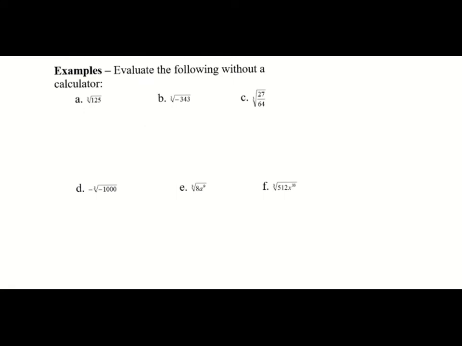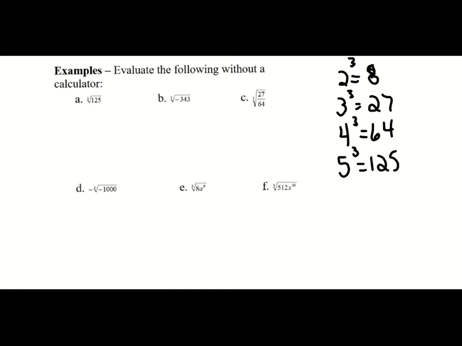All right, so here we are going to find the cubed root of some values, and they want you to do it without a calculator. Now, the first one we're going to look at is the cubed root of 125. And this is where, if you're not sure, sometimes it's helpful, especially in the beginning when you're getting used to these, to make a little list off to the side. So I'm going to make a list.